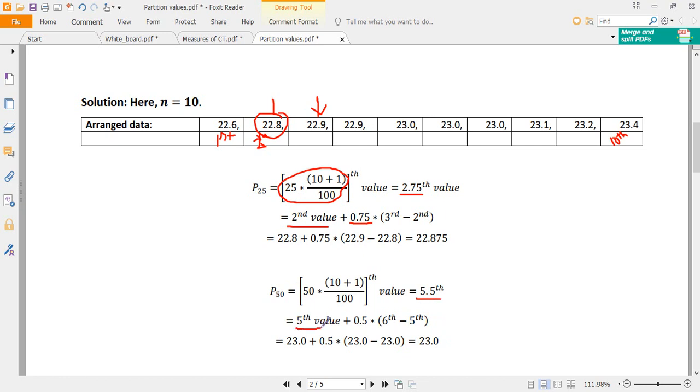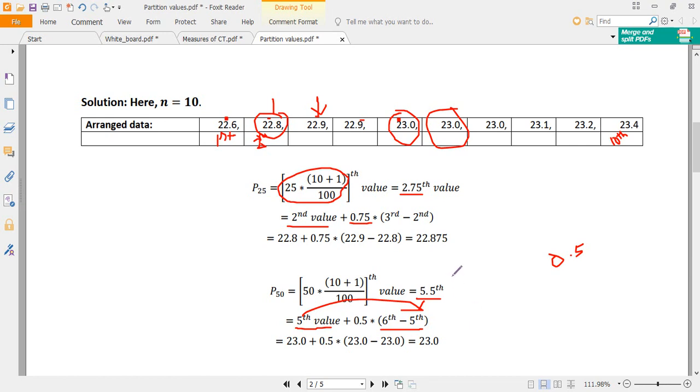So for the integer 5, we take the fifth value plus the fraction 0.5 times the difference between the sixth value and the fifth value. Counting first, second, third, fourth, fifth, the fifth value is 23, and the sixth value is also 23. Finally we have 23.0 plus 0.5 into (23 minus 23). So finally we have 23.0.